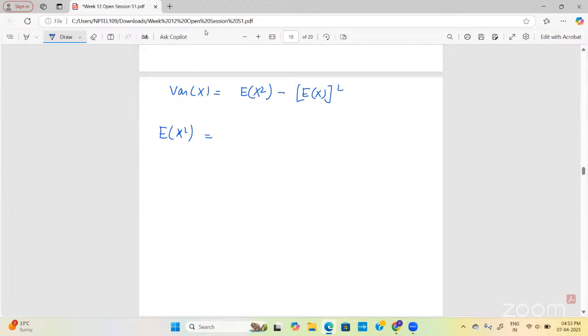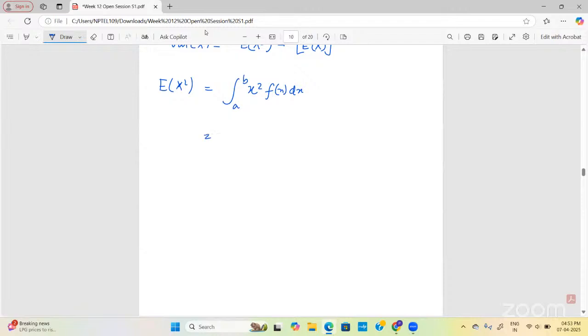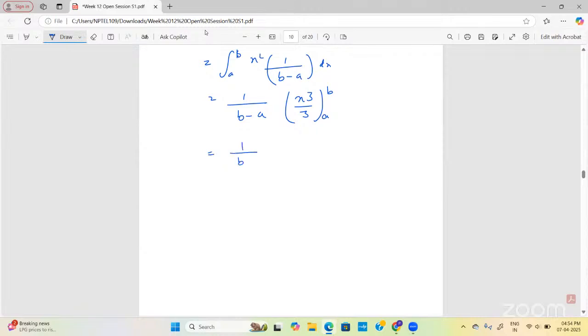Ma'am, how will we calculate it? The x square integration, f(x) dx from A to B. Yeah, x square f(x) dx, and the range is the same, A to B. Okay, so now again, from A to B, x square times 1 upon B minus A. So we can write that outside, it will become x cube divided by 3, from A to B. Okay, so it will be B cube minus A cube divided by 3, right?